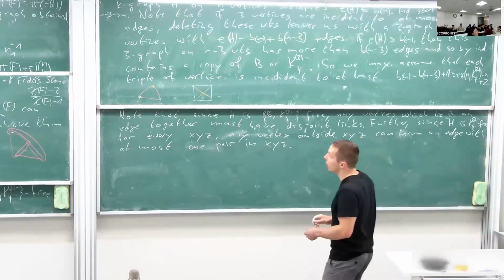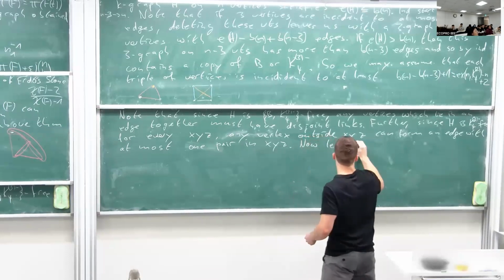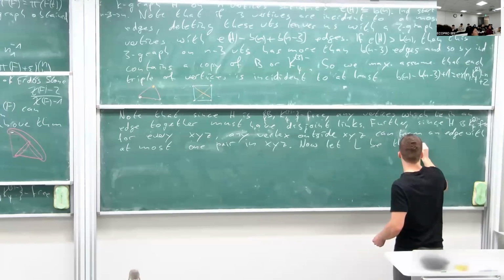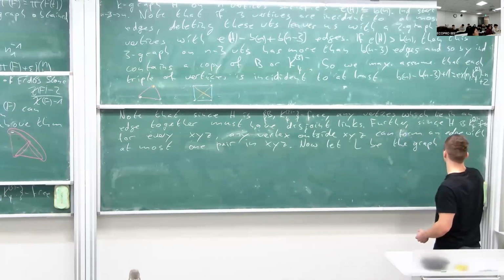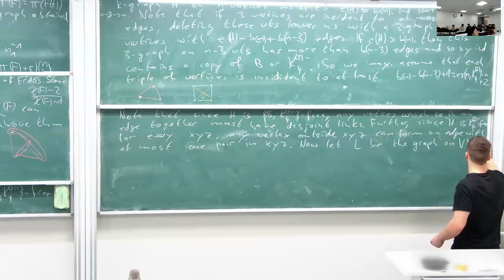Now let L be the graph on V minus {x, y, z}.